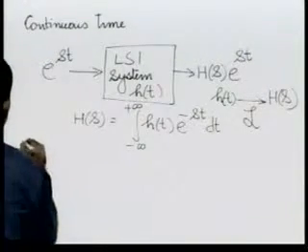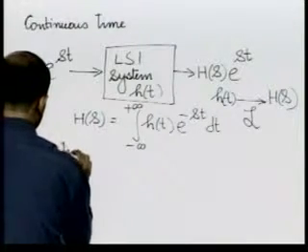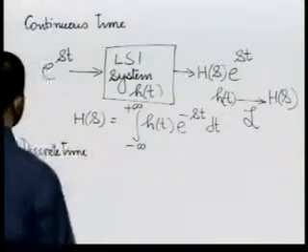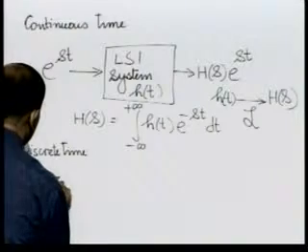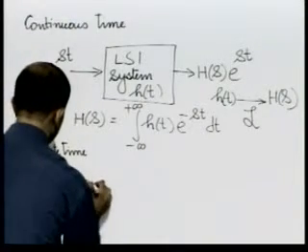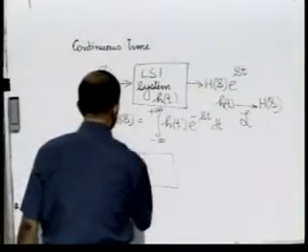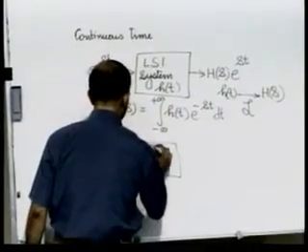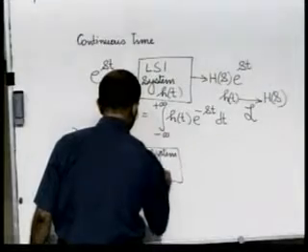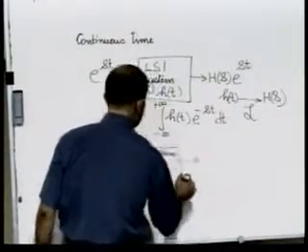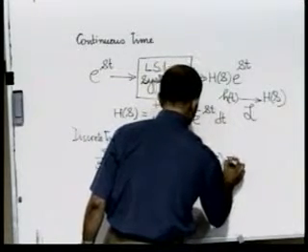Similarly, for discrete time, the corresponding eigenfunctions were z raised to the power of n, which when passed through an LSI discrete time system with impulse response h[n], resulted in H(z) times z raised to the power of n.